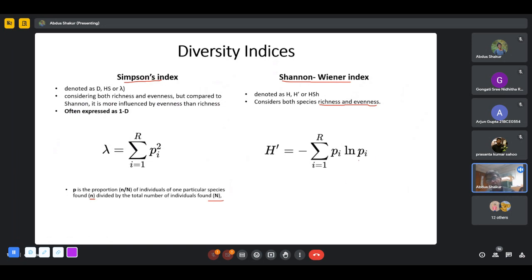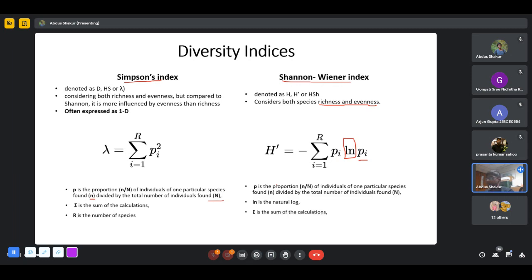Similarly, here also pi means the same. The other thing that comes into Shannon's index is the natural log, ln. And r is the same thing.